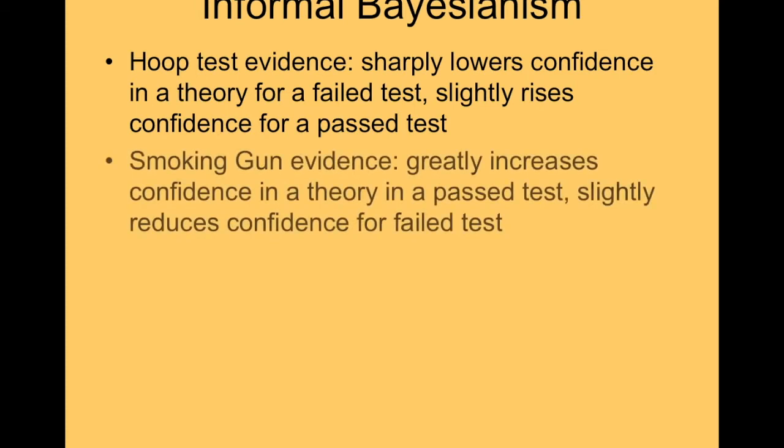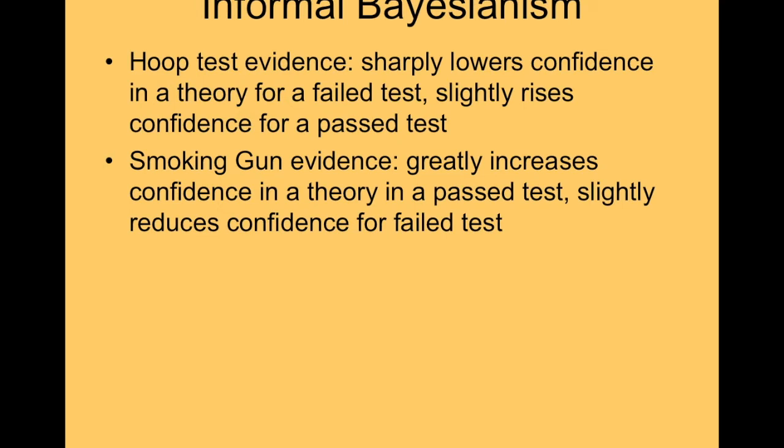A smoking gun piece of evidence or smoking gun test is asymmetrical in the opposite direction. If we find a smoking gun in the hand of somebody after we heard a shot and we saw the body fall, that's very powerful evidence that that is the person or that is the proper explanation. But if we don't have smoking gun evidence, or if something fails a smoking gun test, it does not necessarily greatly reduce our belief that there's a probability that that person is the suspect in the murder, right?